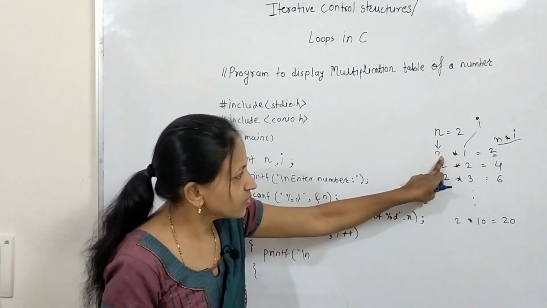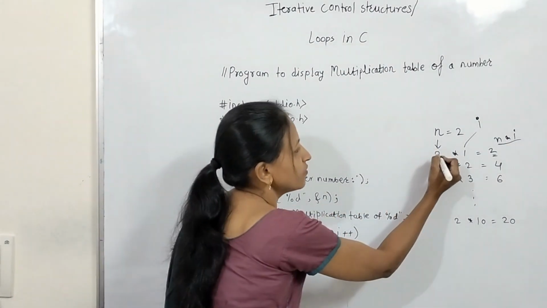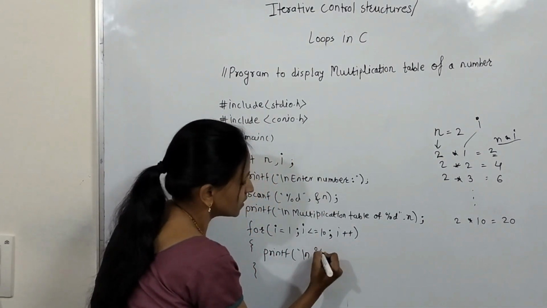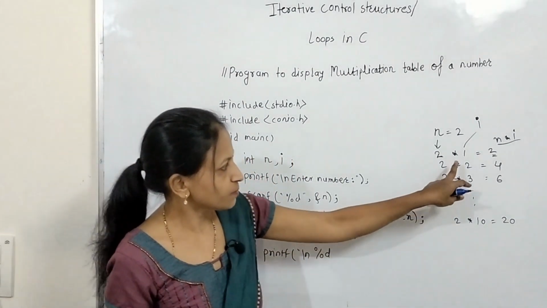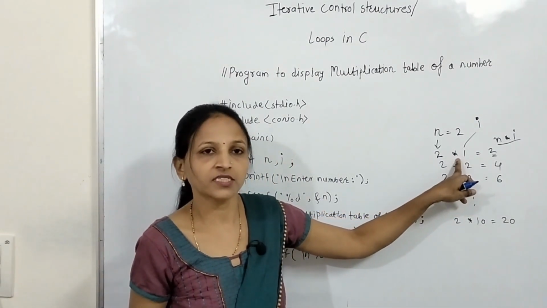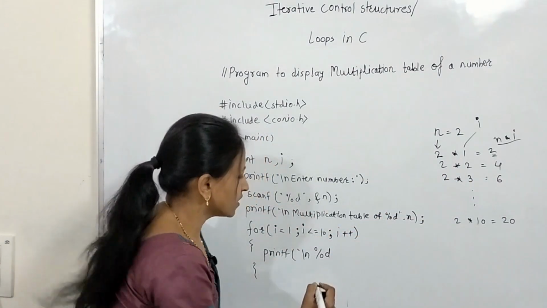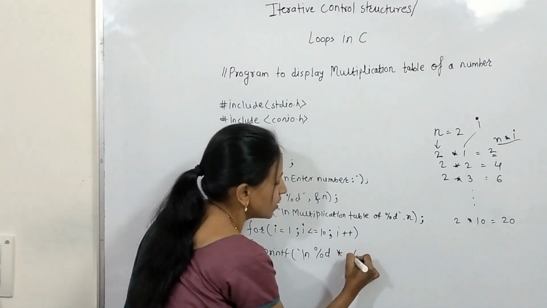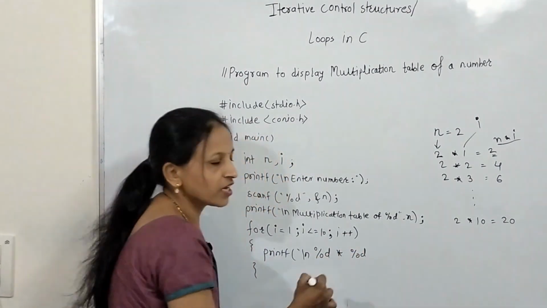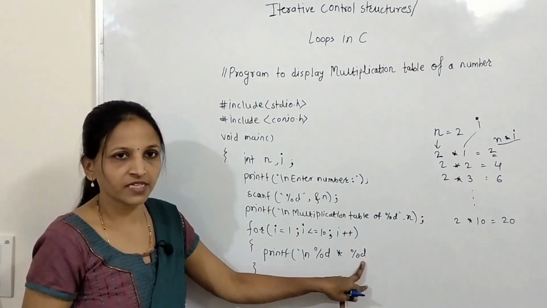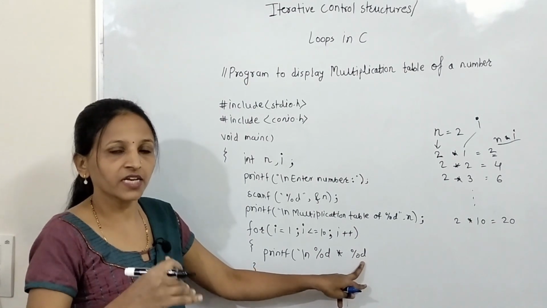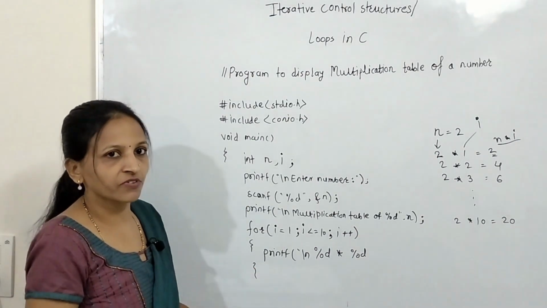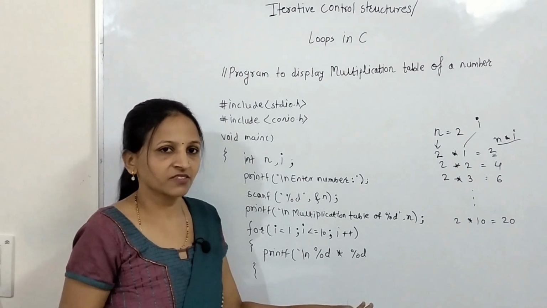After that, the value of n, so we place %d here. Then we have to display the star or asterisk symbol, so we write star as it is. Then we display the value of i, so again %d. If you want to display any variable's value inside printf, then always use a format specifier.